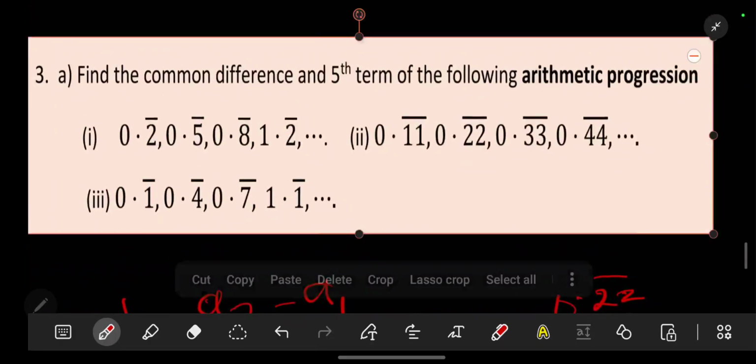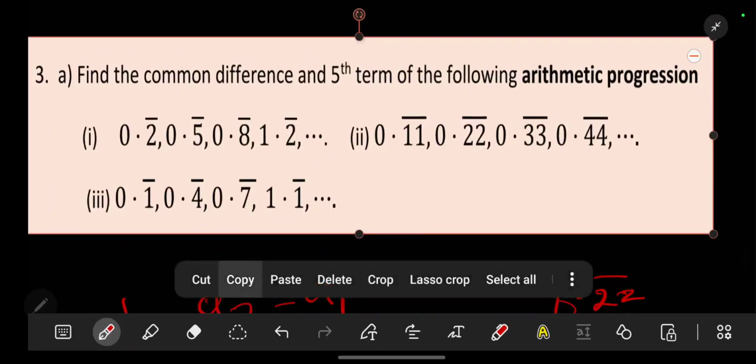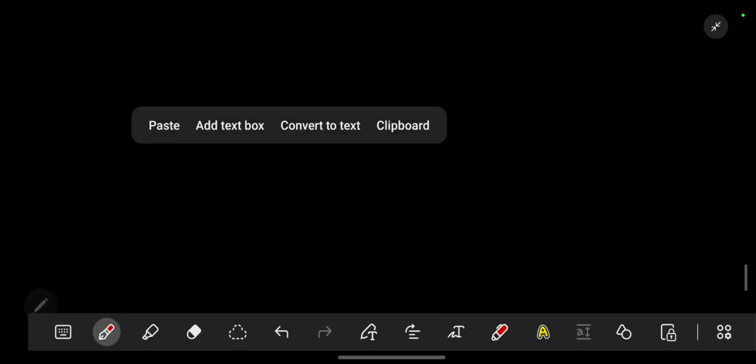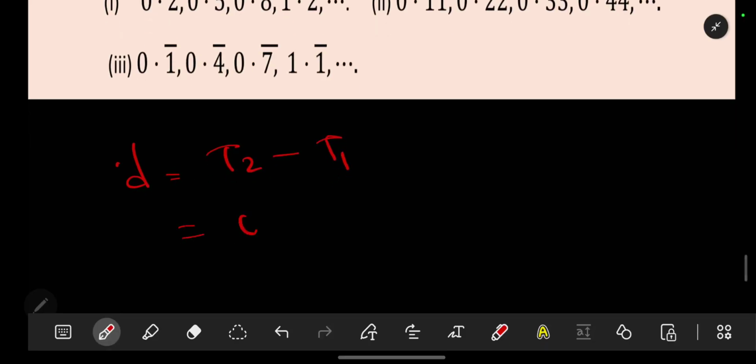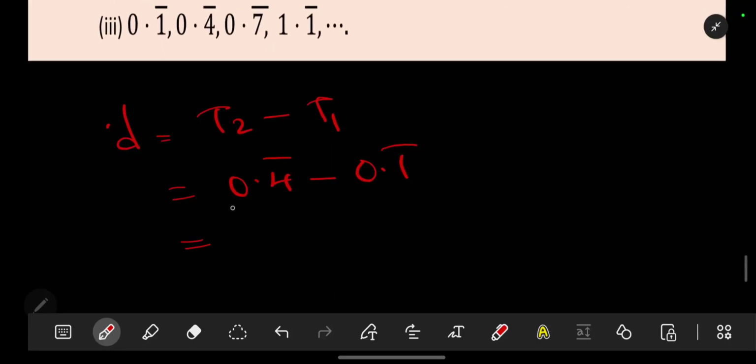Then the final one, we have difference should be equal to term number 2 minus term number 1. So term number 2 is 0.4 bar minus 0.1 bar. So we have 4 minus 1, that is 3. So 0.3 bar is the difference.